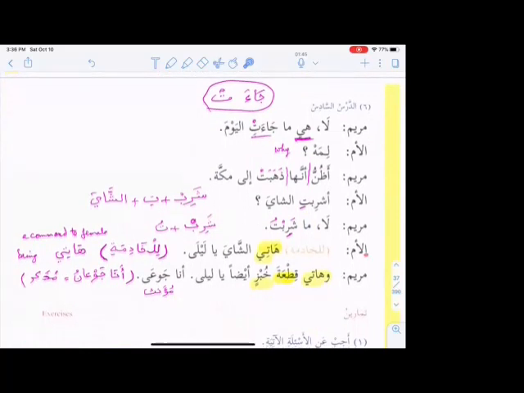Now, the mother is telling the servant, lil khadimati, to the servant. A command to a female. Hati, bring. The command is to the servant. Okay.